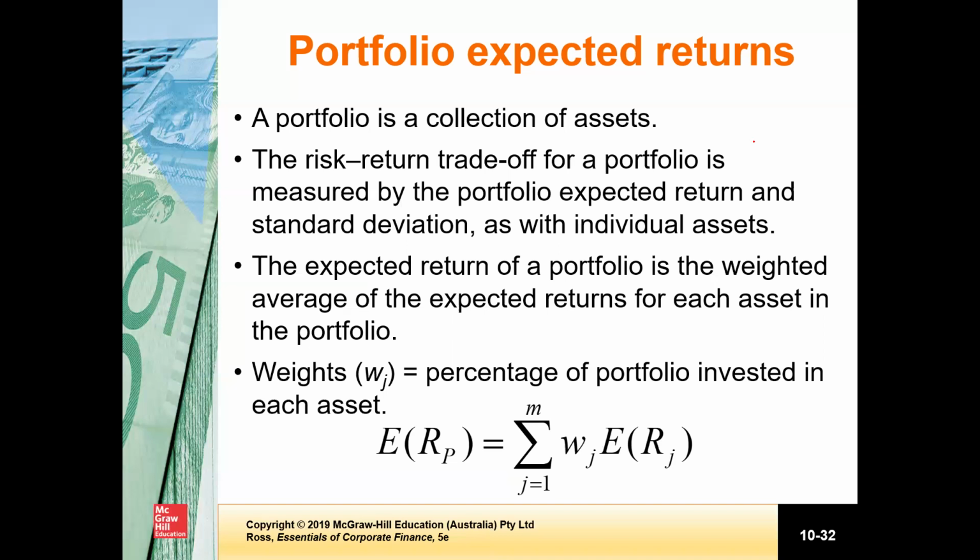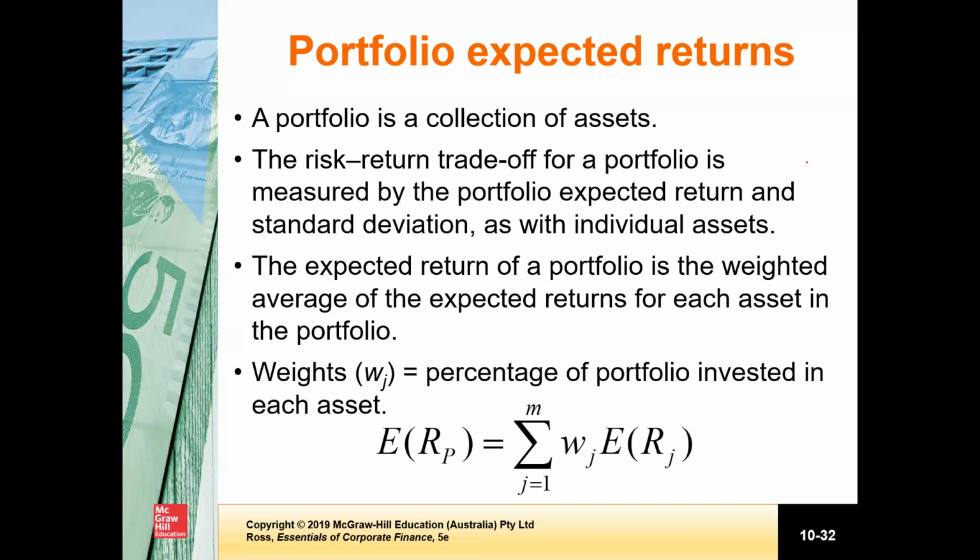The percentage of your portfolio in the first asset is 25%, because it is $50 out of $200. The percentage in the second asset is 75%, $150 over $200. So the portfolio weights are 25% and 75%. Notice that these weights must add up to 1.